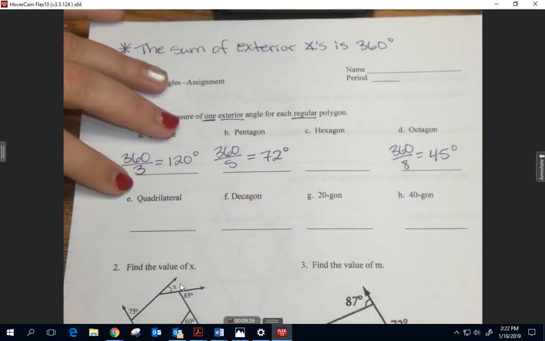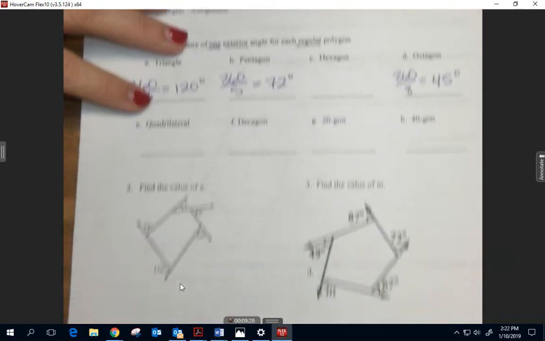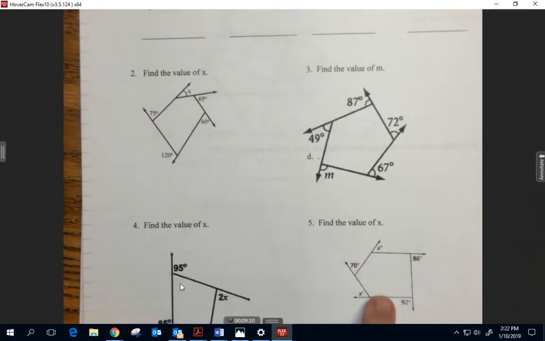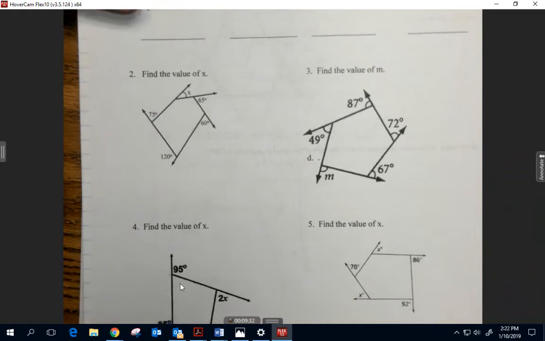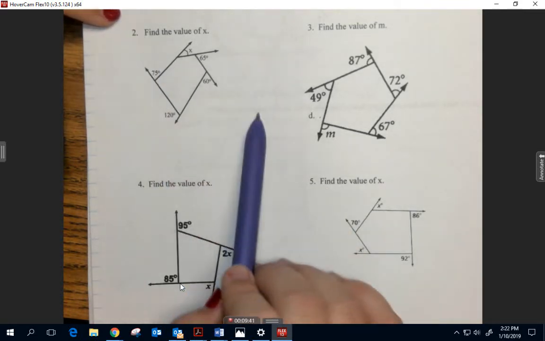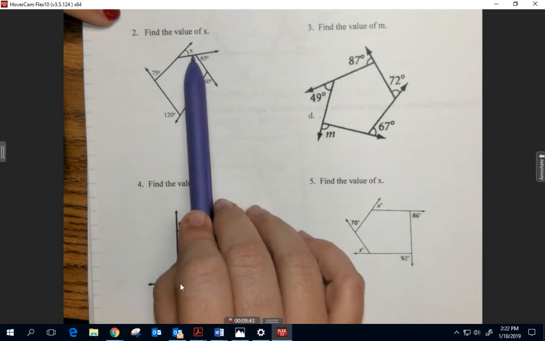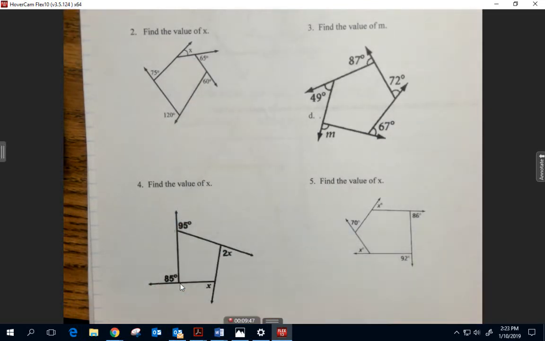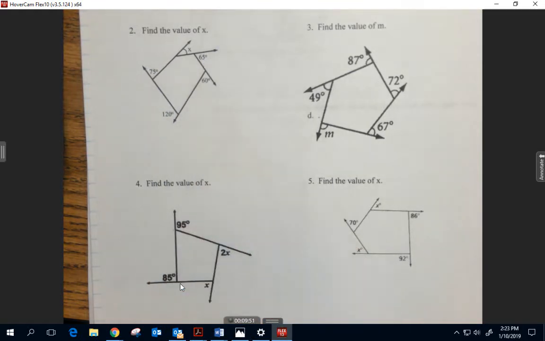Let me go down to now number 2. Because numbers 2 through 5, you're pretty much going to work these out the same. Actually, I'm not going to do 2 and 3. I'm going to do number 4. Alright, so number 2, you're missing one of the exterior angles, right? Take 360, and what do you do with the rest of these angles?